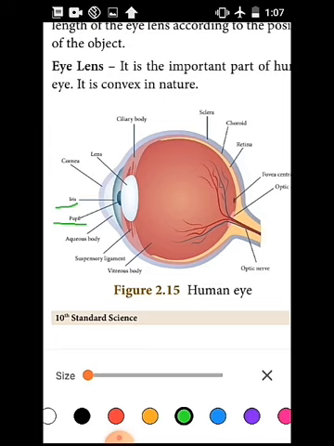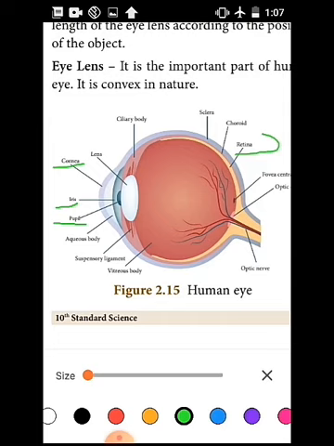The next question, which part is located in the front surface of the eyeball? Yes, the answer is cornea. Then which one is the back surface of the eye? Yes, the answer is retina.